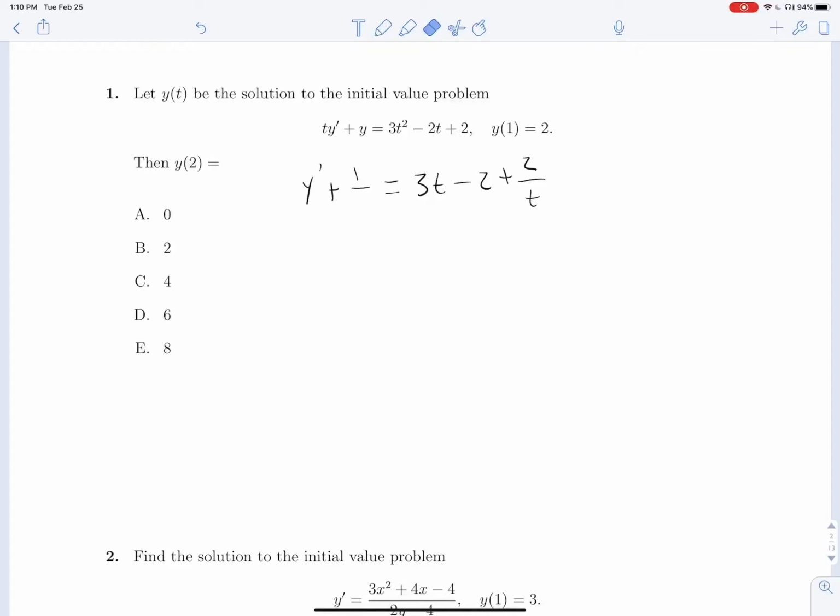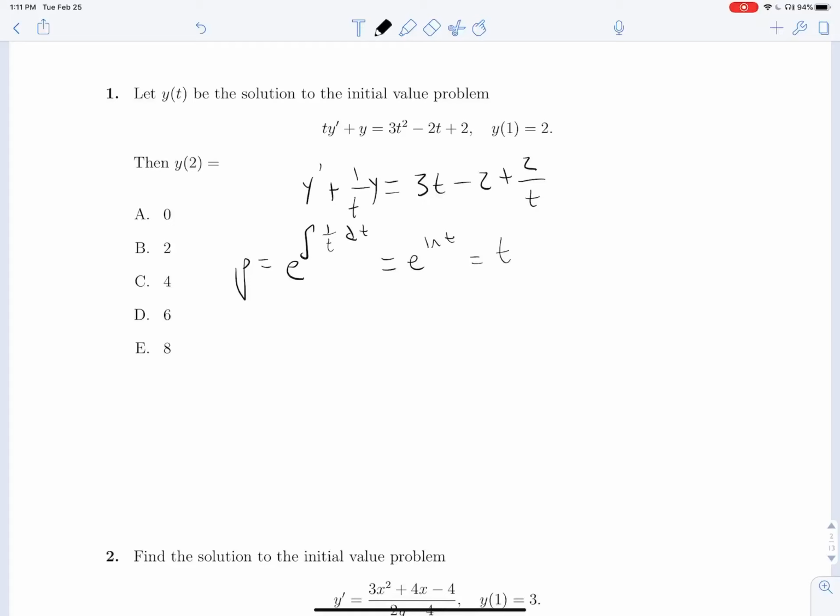So here's a case for doing the integrating factor method. We're going to find rho that's equal to e to the integral of p of t, which is just this term right here, 1 over t dt. That's going to give us e to the ln t, or just t.